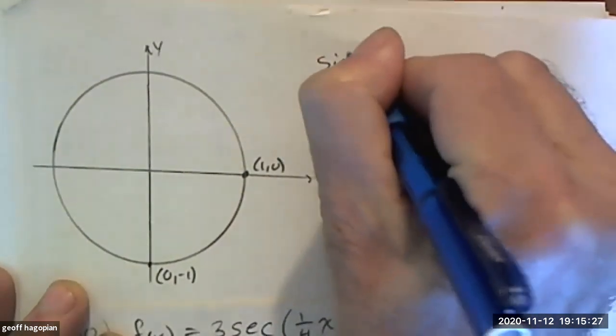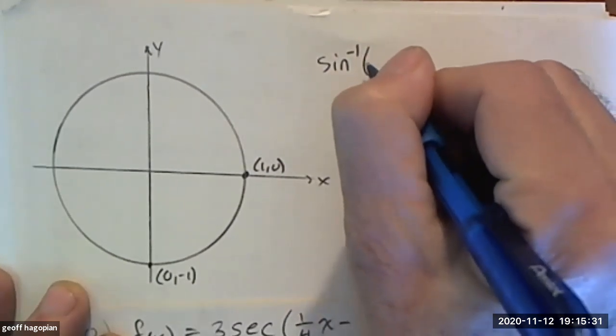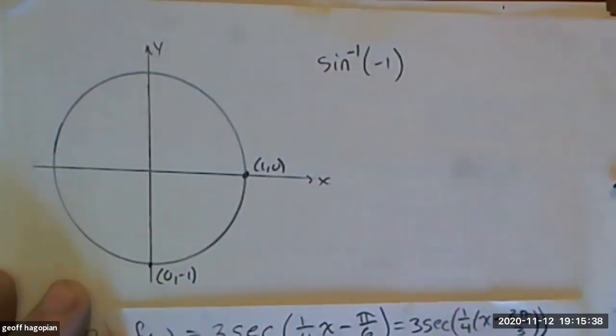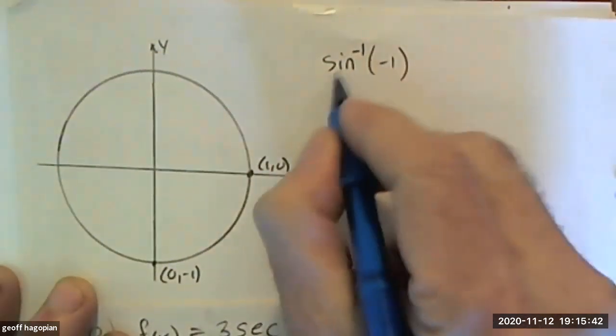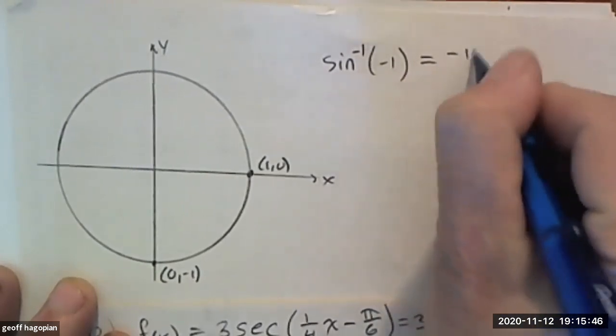So I want to say the arc on the unit circle that will take us to -1. That's the way you want to think of that. Arc on the unit circle will take us to a y coordinate of -1, because y is sine on the unit circle. That would be -pi/2, right?